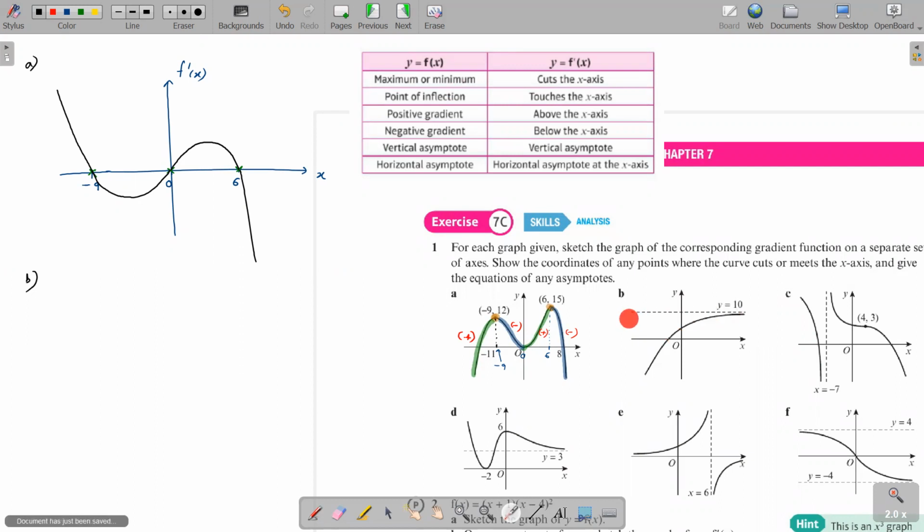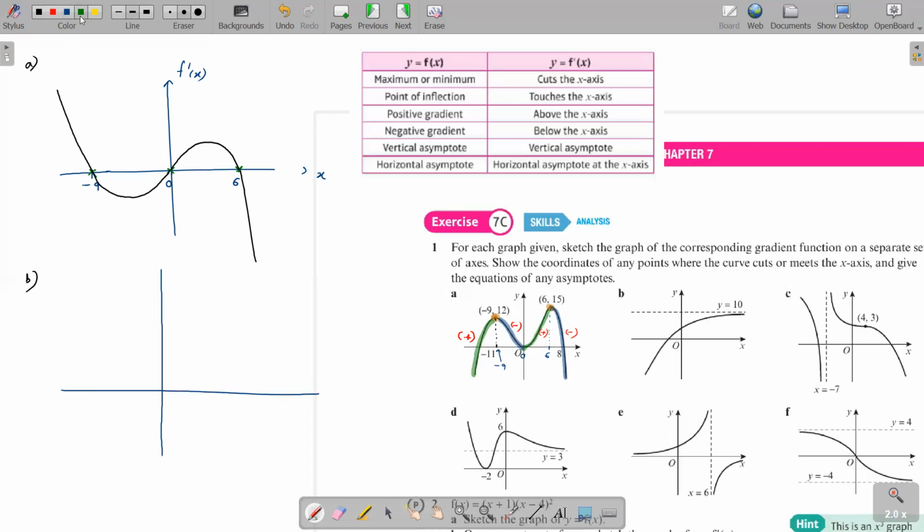So what is the rule that they have told us? Whenever there is a horizontal asymptote in the f(x) graph, what happens? The horizontal asymptote comes to the x-axis, which means the y equals 10 asymptote becomes a y equals 0 asymptote. So basically you get here something like this, right?